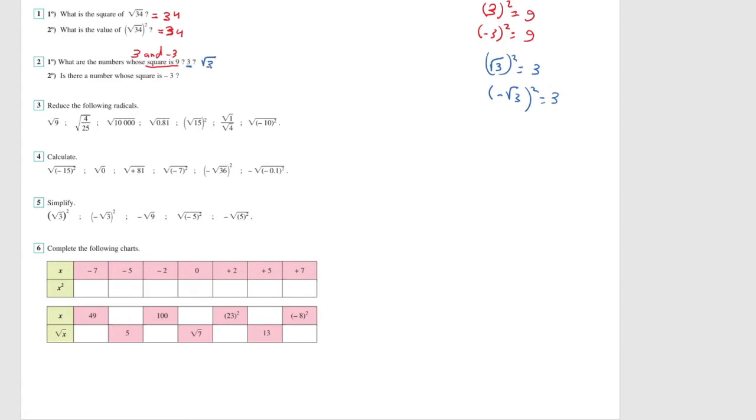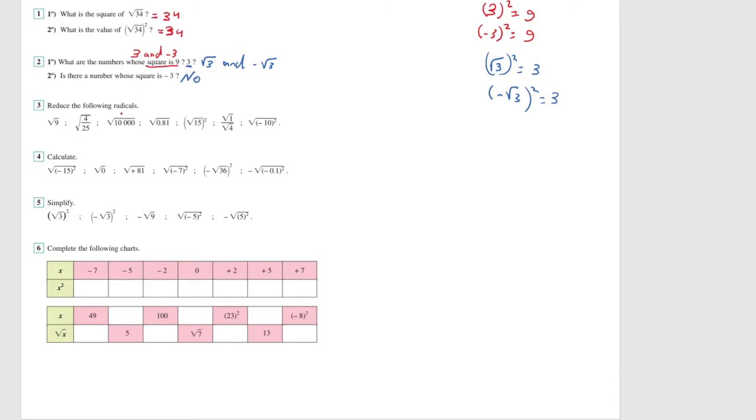So they are radical 3 and negative radical 3. Let me write it here. Is there a number whose square is negative 3? Is there a number that when you square it gives negative? Surely not. So no.